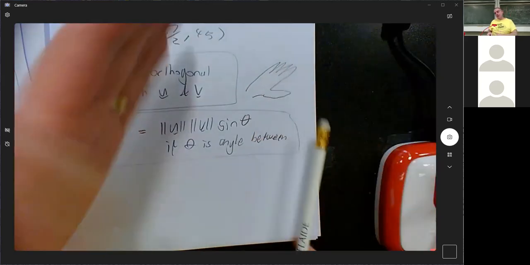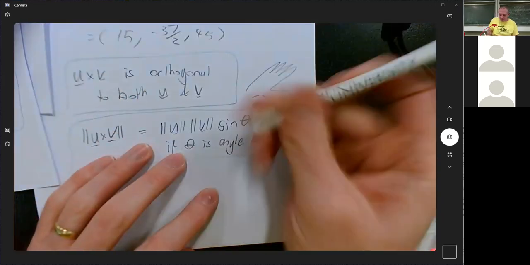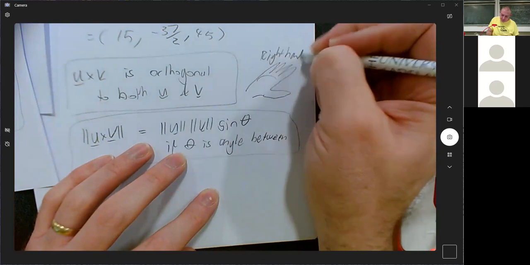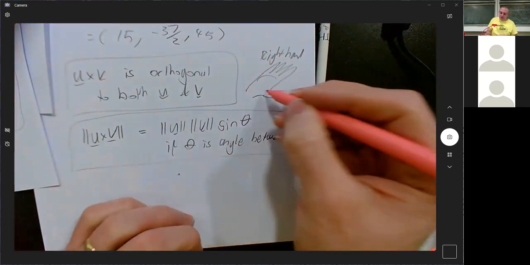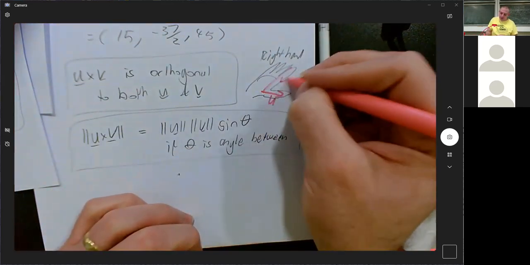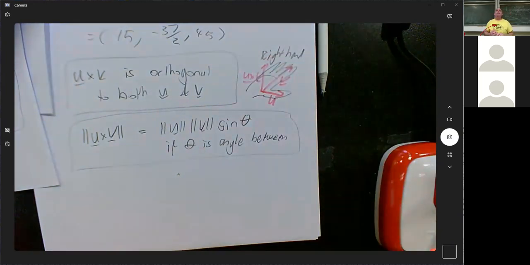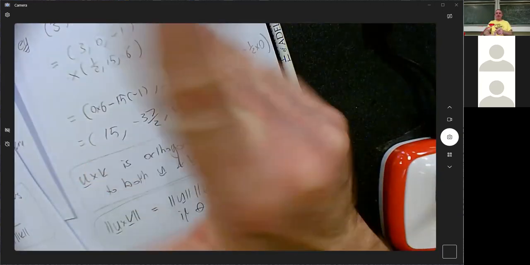That is the right hand. So if U is this and V is this, then U cross V points directly out of your palm. It's just a little easier to do than this.